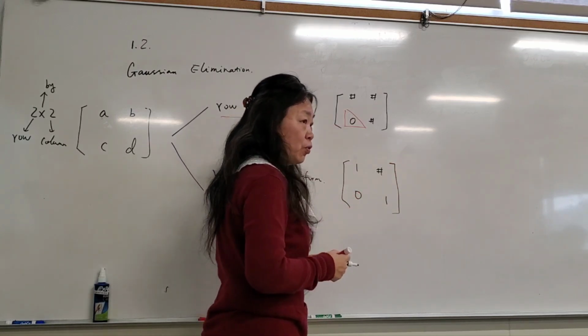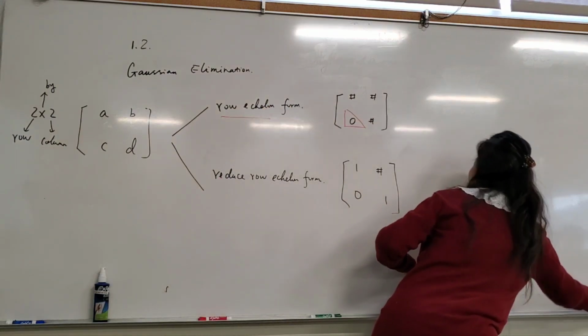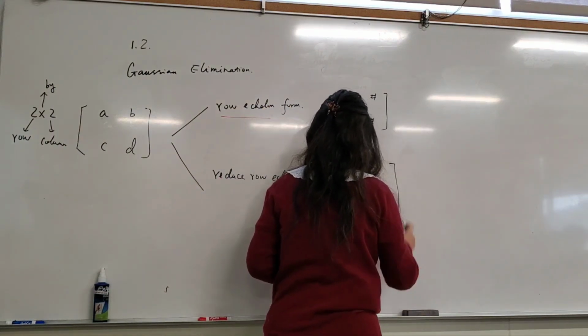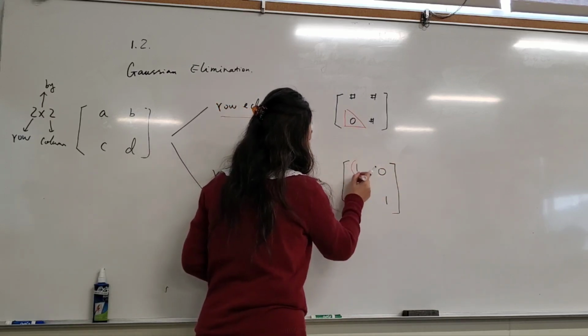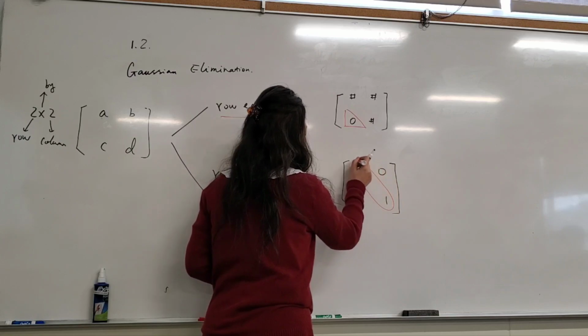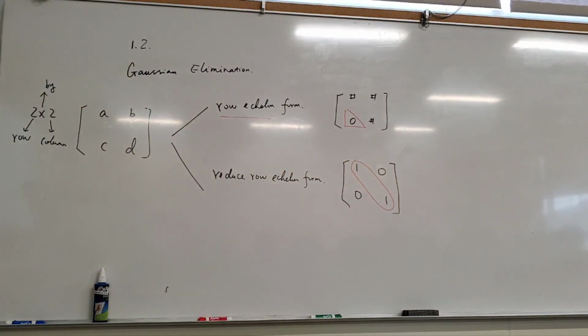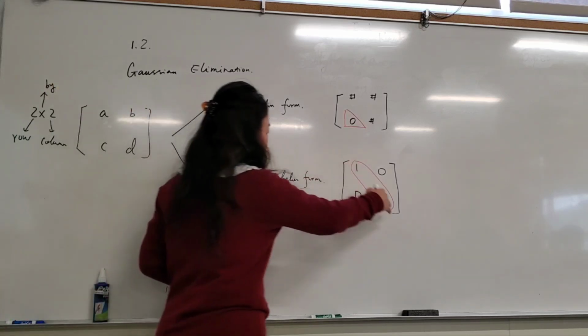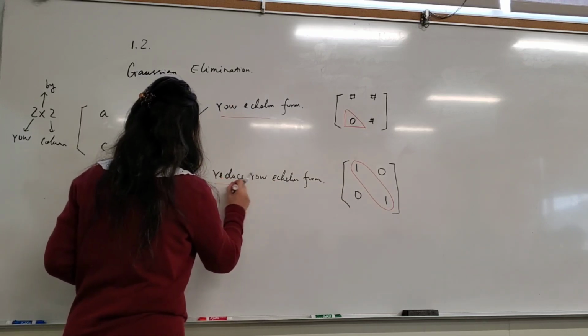Sorry, not any number, this one has to be 0 also. Reduced row echelon form is: except the main diagonal, which is 1, the rest has to be 0. And this is called reduced row echelon form, so it has a reduced sign.